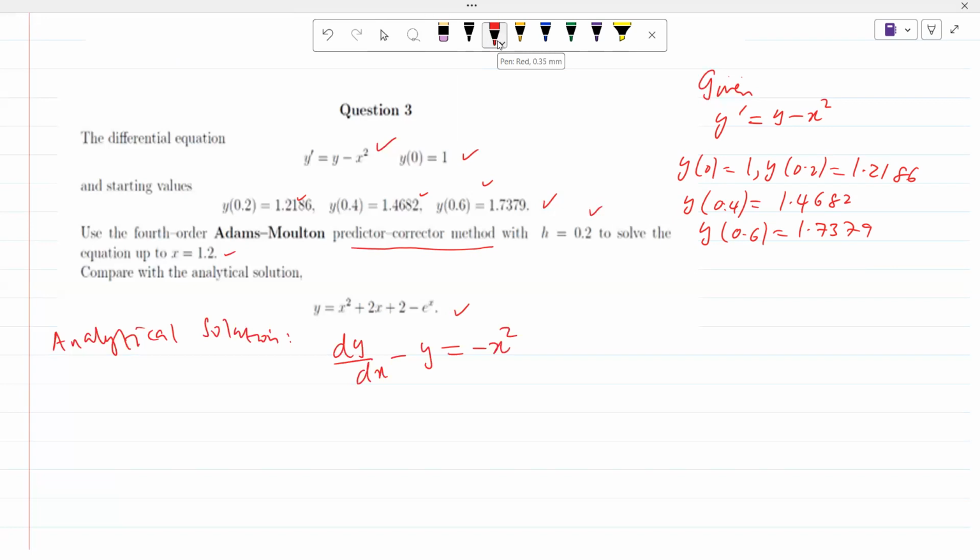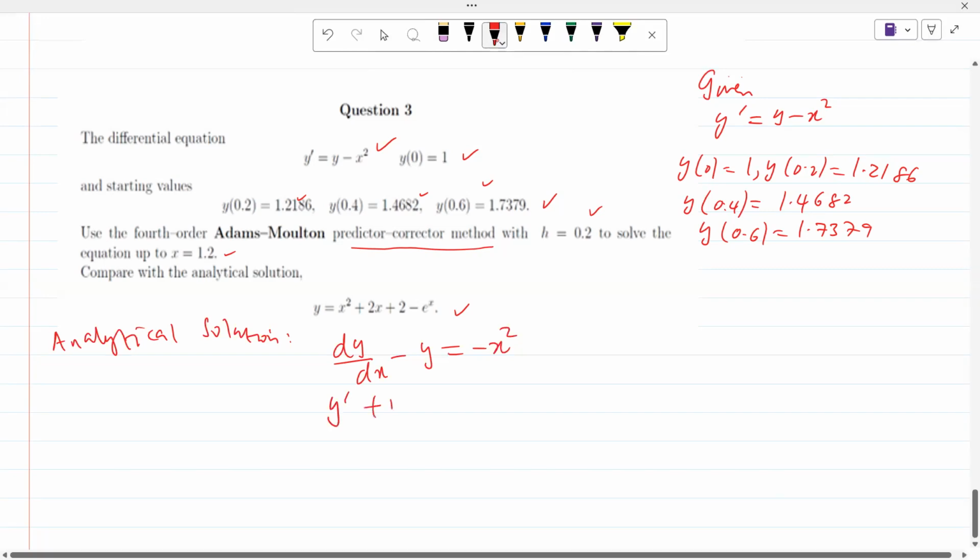So this one is a first order differential equation. It is of the form y prime plus p(x) y is equal to q(x).